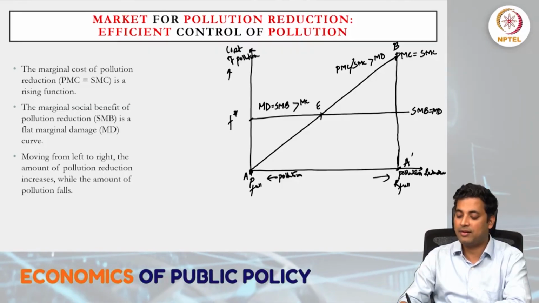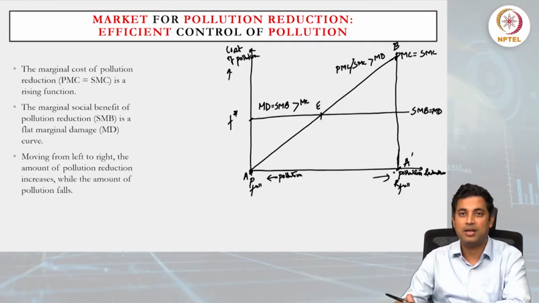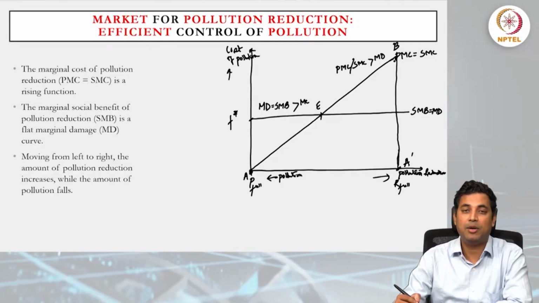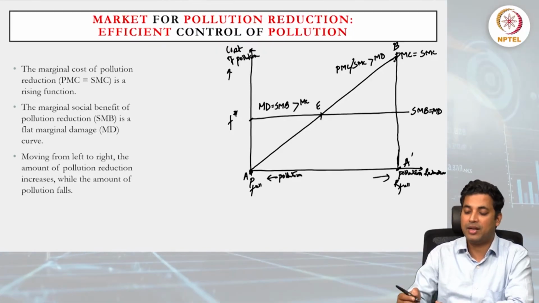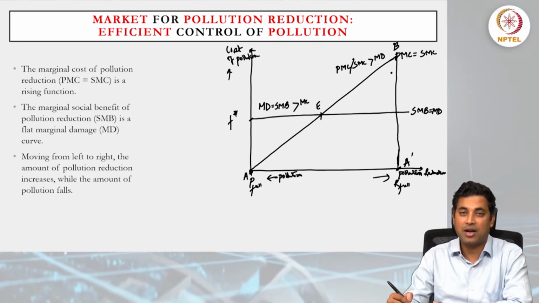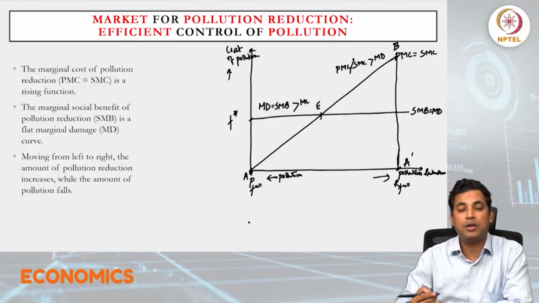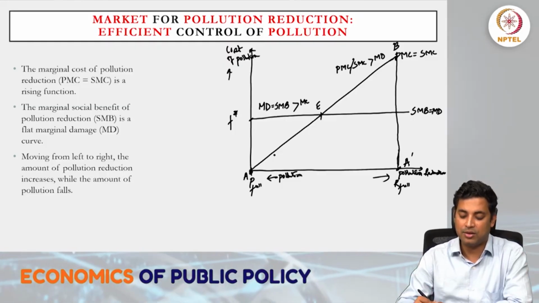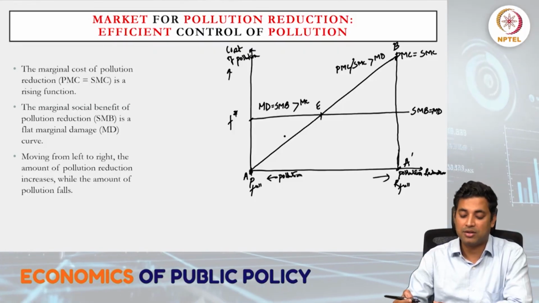And when we reach A dash, where pollution reduction is at the full level, cost is really high, like pollution is becoming very expensive to control. But at point A, where pollution level is very high, marginal damage is also much higher than social marginal cost or private marginal cost.